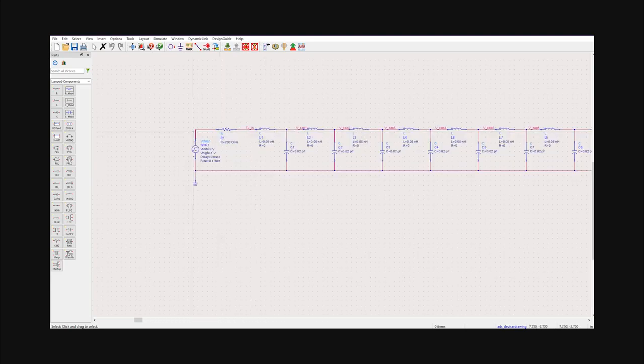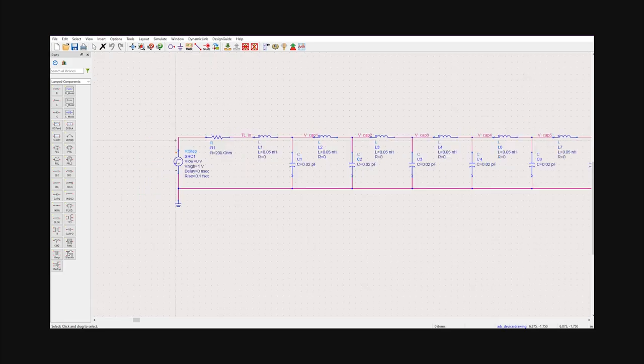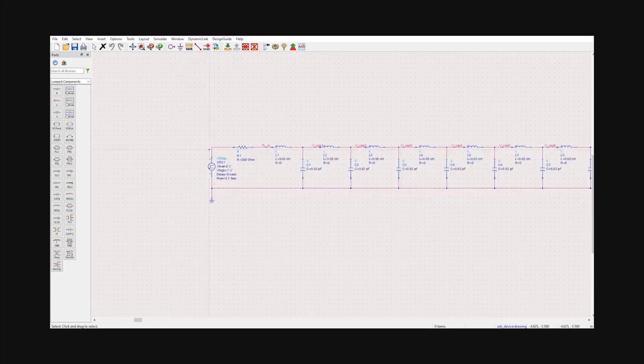For the case of that discussion, let's apply 1 volt step voltage at the input of the line. The voltage source has 200 ohms output resistance. From the voltage source point of view, as we saw in the last video, the transmission line has a well-known input impedance, so it behaves exactly as a resistor of a value square root of L over C, the characteristic impedance of the line.